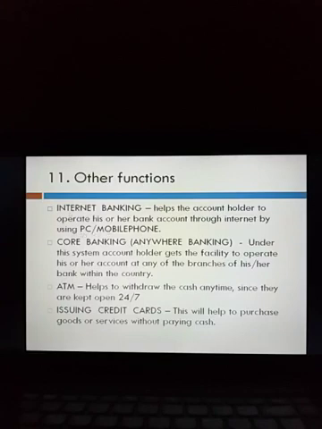This internet banking has become very useful nowadays because the person can operate his account without reaching the bank. At home he can operate, either he can pay the amount or he can get the amount, collect the money, etc.